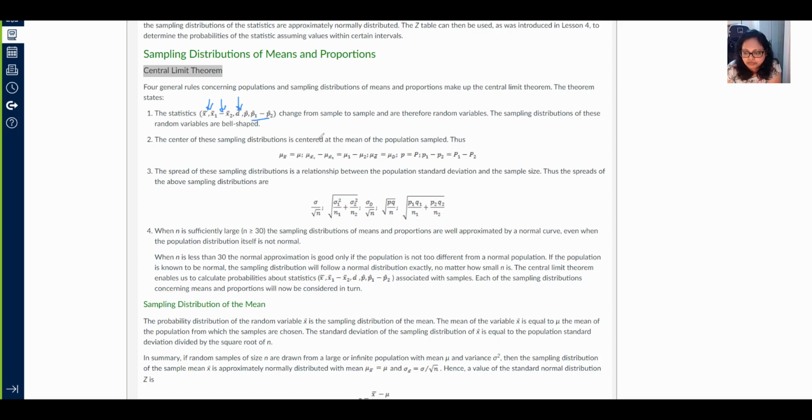We can have any of those statistics. So you have to be careful which statistics you are talking about. If we are talking about mean, then the mean of those sampling distributions is the same as the population mean. Let me give you an example. Why is that?